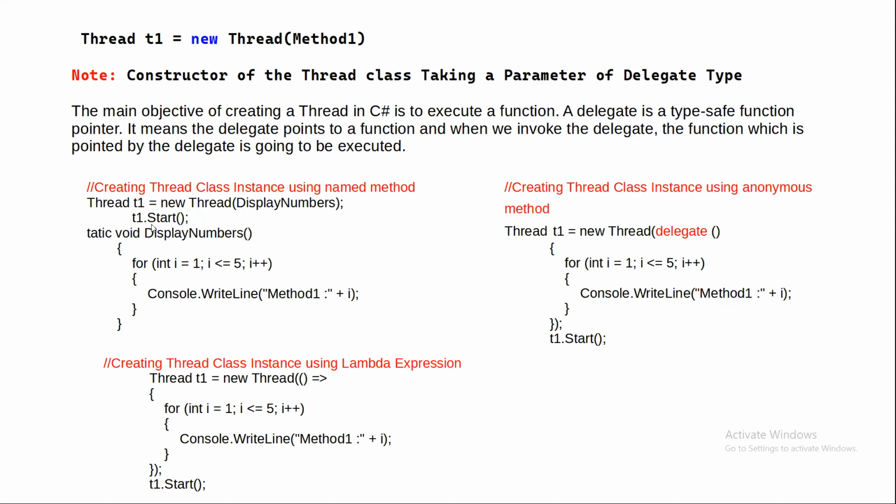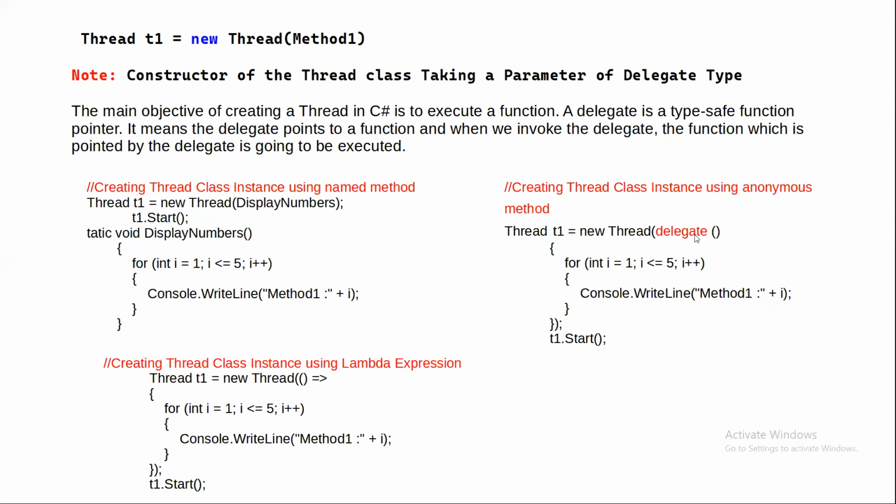So you create a thread and you have a method to execute. This is the regular way: creating a delegate and invoking a method by passing the method name in the delegate. But if you use an anonymous method, we don't need to explicitly mention the method name, but simply mention the word delegate.